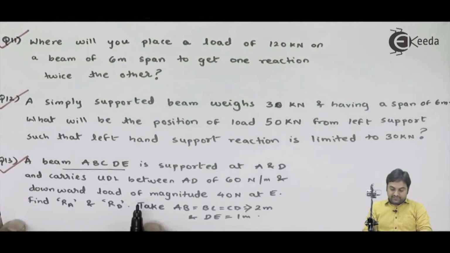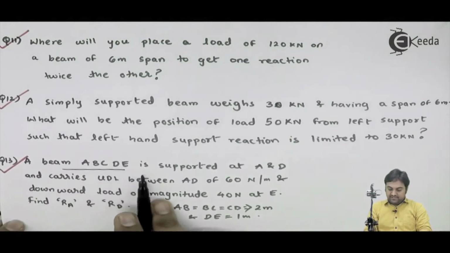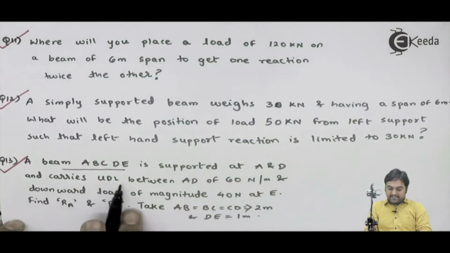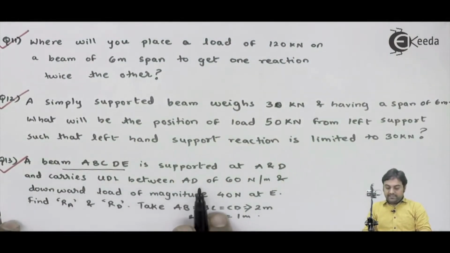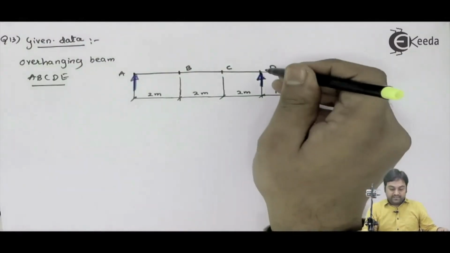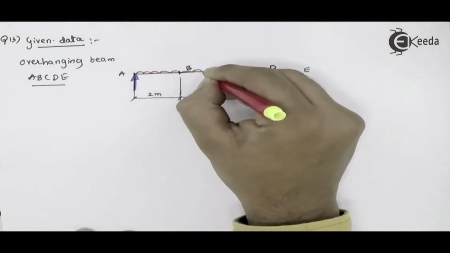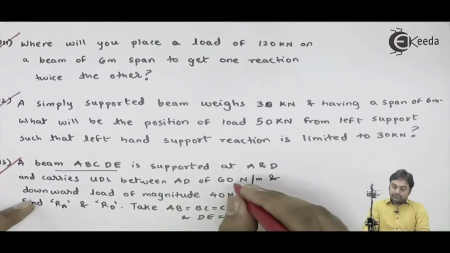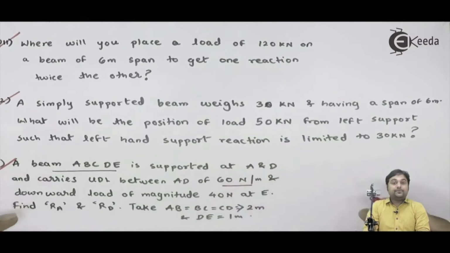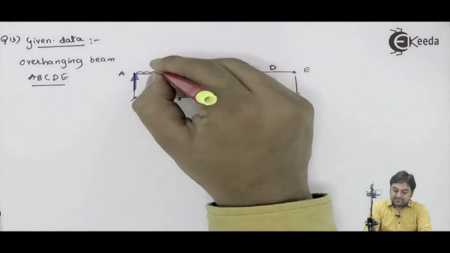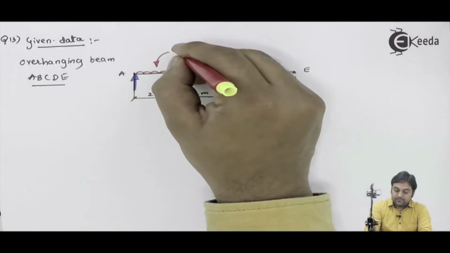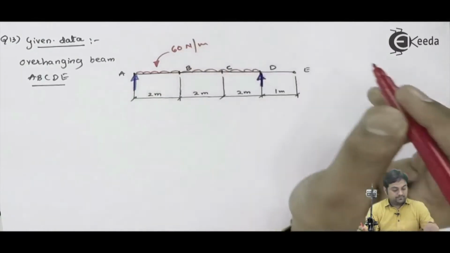Now we'll read the question again. A beam ABCDE is supported at A and D and carries UDL between AD. So between A to D there is UDL of 60 Newton per meter.